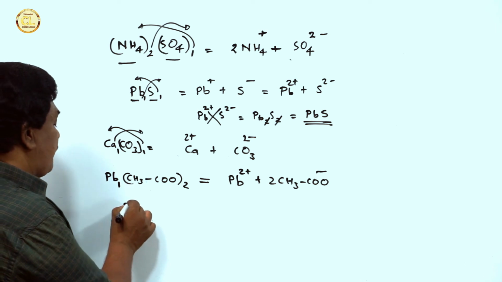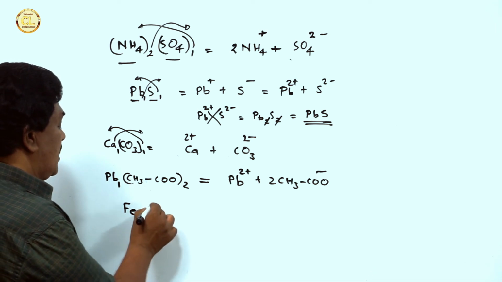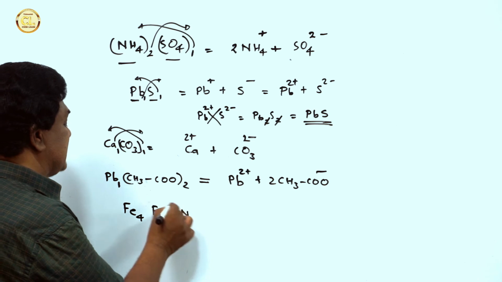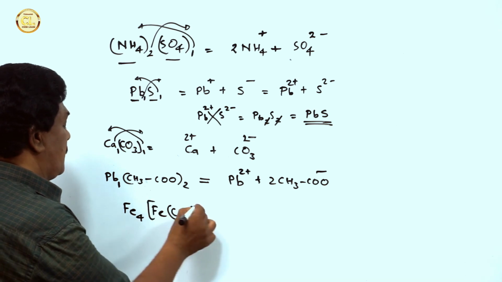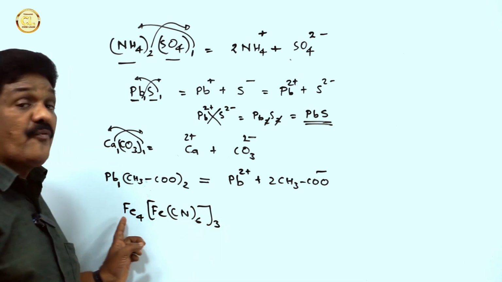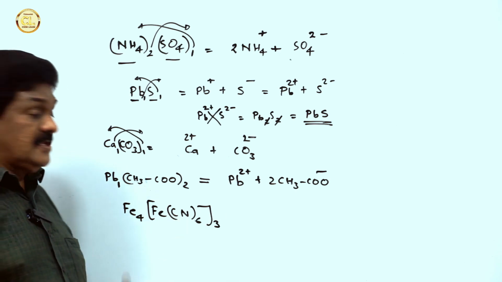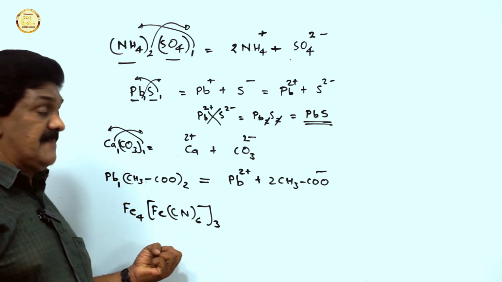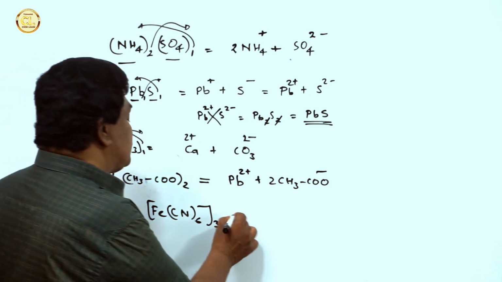Now, ferric ferrocyanide, Fe4[Fe(CN)6]3. This is ferric ferrocyanide. It's a coordination complex. Now, how can we split this?